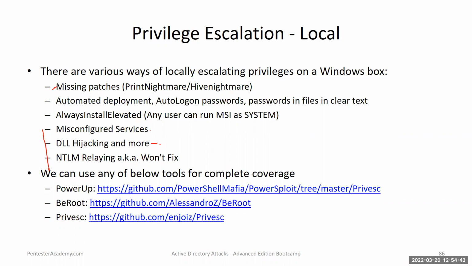So that could also be always useful. Tools like Responder, etc., can be very useful for that. Now we can use PowerUp, BeRoot, PrivescCheck, WinPEAS, etc. for complete coverage. I mean, if you want, you can, but I do not suggest checking for these opportunities manually.